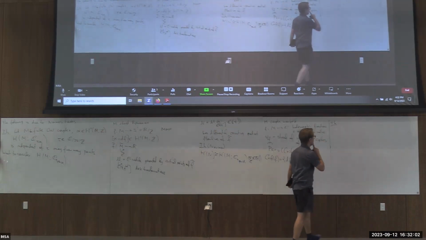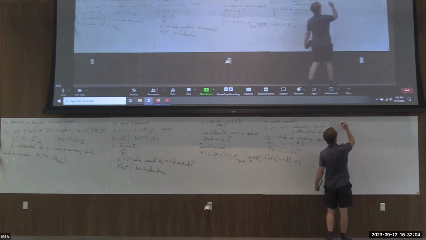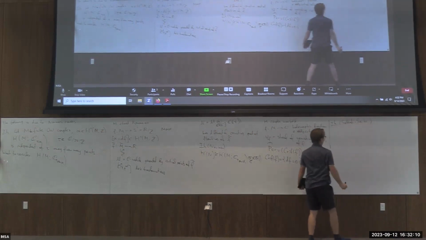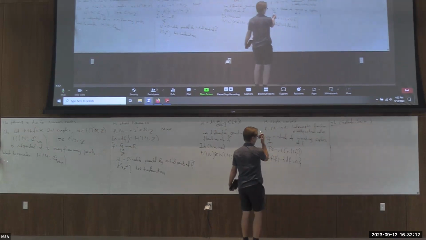There's this interesting theorem due to Safronov, which says that you can actually relate this sheaf to the Floer complex.